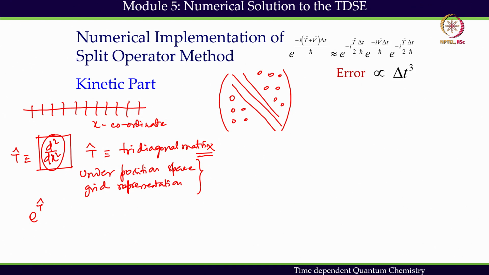So what we can do is that instead of this position space, we will look at the exact form of the kinetic energy, which is nothing but minus h cut square by 2m, then the second derivative.